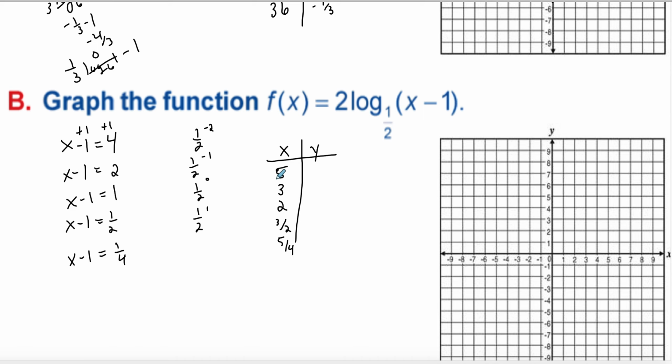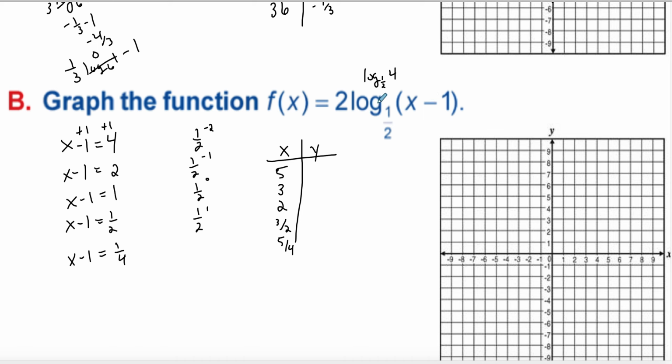Okay, and since we said that these numbers are going to essentially give us those exponents, that's what the log is going to evaluate to. So for this one, our log is going to be a negative 2, right? I'll show you here. So if we did log base 1/2 of x minus 1, so it'd be 5 minus 1, which is 4. So 1/2 to what power gets me a 4? That's negative 2. So this log is going to give me a negative 2, which was that exponent.